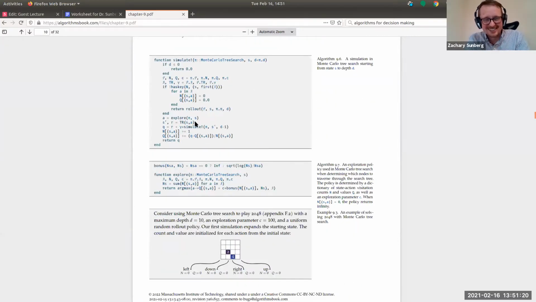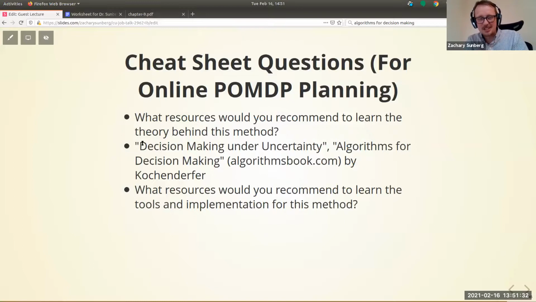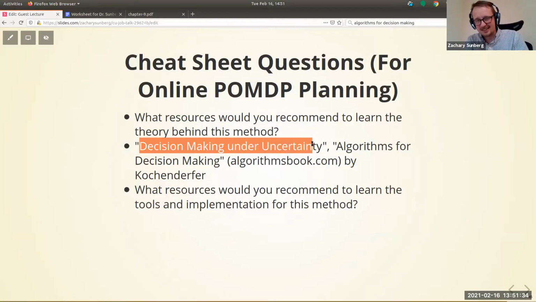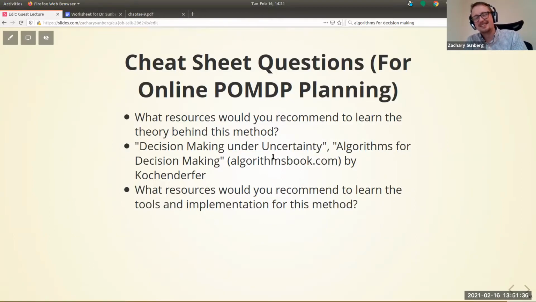And oh wait, this is a surprise. All the algorithms in this book are actually written in Julia. So you can literally just copy and paste them and start off with that. So that's a cool book. I still like this original Decision Making Under Uncertainty better. It's a little more accessible, but the algorithmsbook.com one is also good.